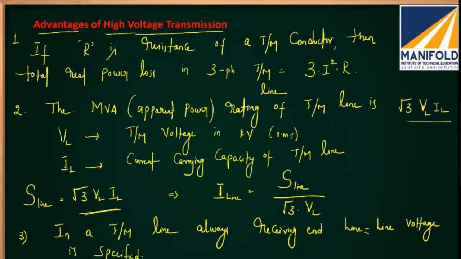Even though both values will be more or less the same, when I say 33 kV transmission line, the receiving end voltage is 33 kV, and the sending end voltage will be 200 or 300 volts more than that. To be very precise, what we specify in a transmission line is the receiving end line to line voltage. Understand? So these 3 points you have to remember regarding the transmission line.